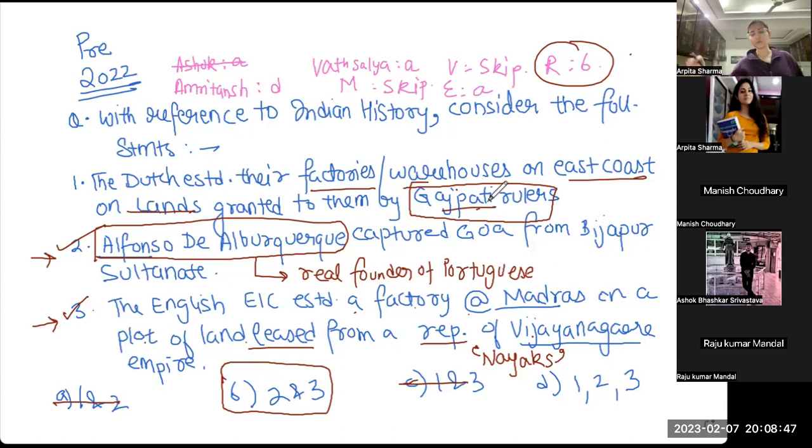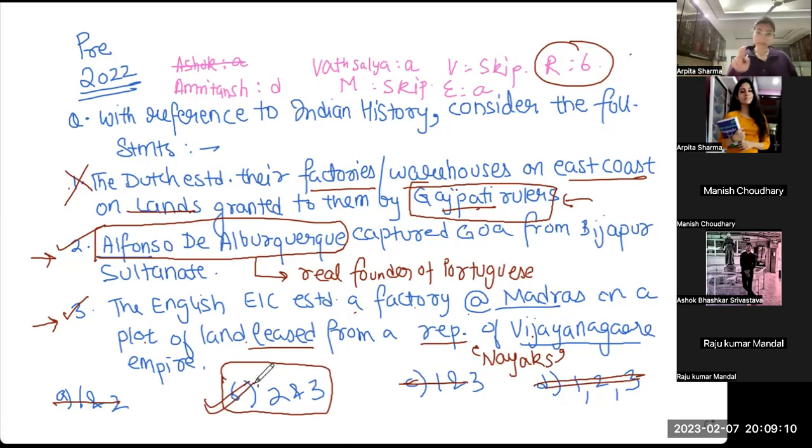They were independent rulers or independent, you can say, subedars or ministers from that empire, but Gajapati rulers were not in existence. Nowhere in modern Indian history we have heard or read about Gajapati rulers. So based on our instinct also, we can eliminate statement 1, which is wrong. So D will be eliminated. Correct answer is D. Correct answer यहाँ पर आपको हो गया D.